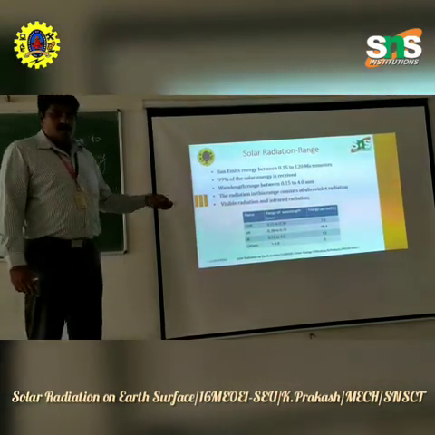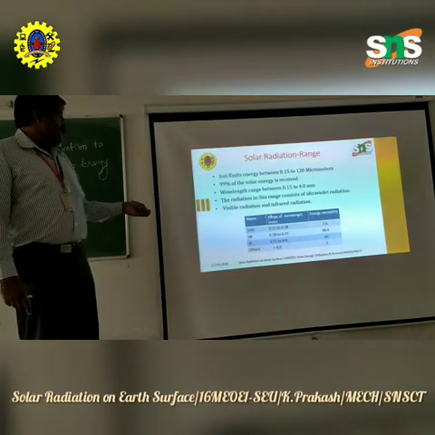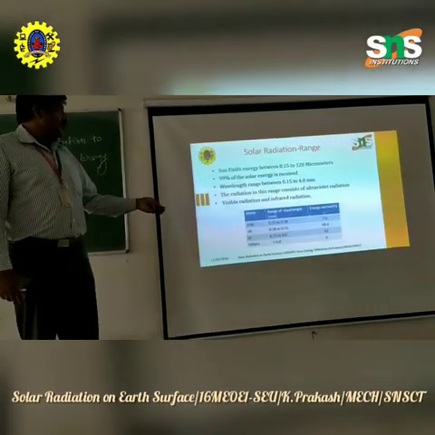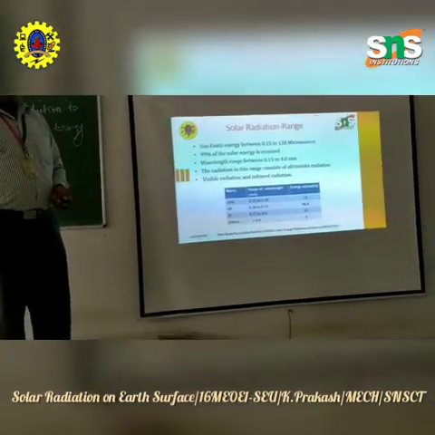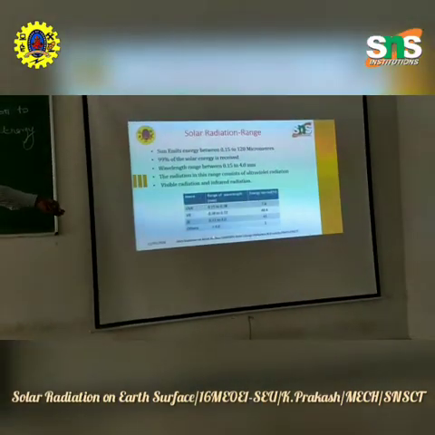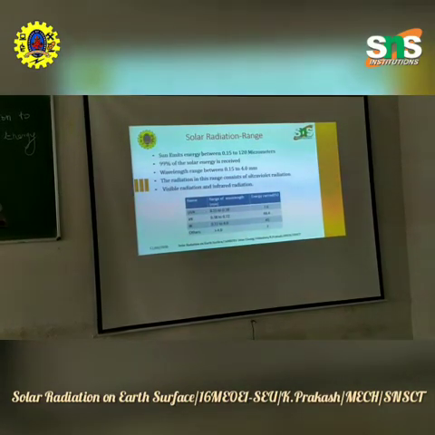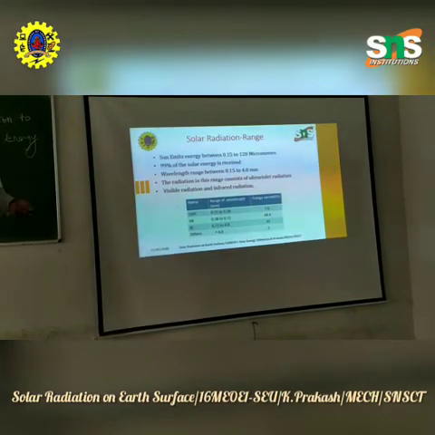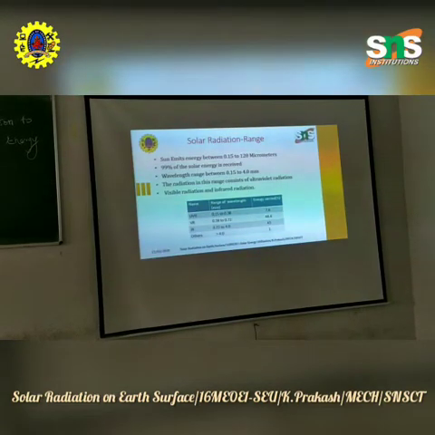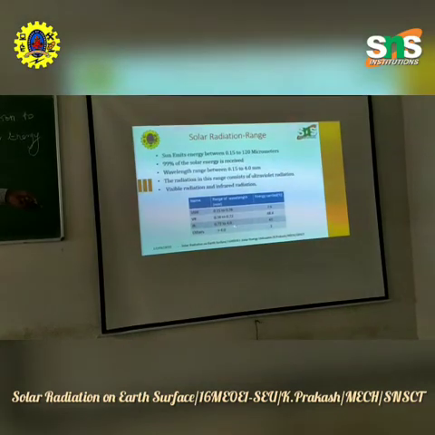Now let us go to a small table and have a small comparison of the range of the wavelength and how much energy is carried. Before that, we will discuss what radiations are available. The first is ultraviolet radiation, then visible radiation, VR, which is nothing but visible radiation, and IR, which is nothing but infrared radiation, and others.